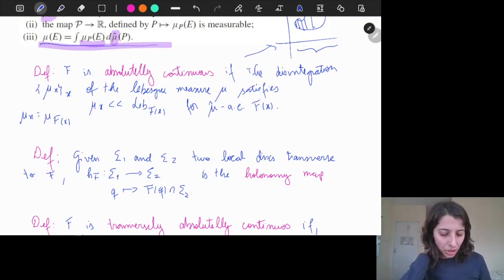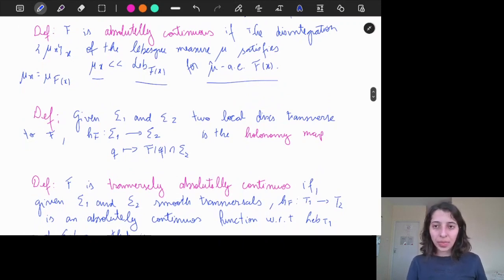So we take the Lebesgue measure mu and we decompose it into a system of conditional measures, and we want these conditional measures to be absolutely continuous with respect to the Lebesgue measure on each leaf for almost every leaf. This is absolute continuity. This is an almost everywhere condition. So it holds for almost every leaf. And there's a stronger condition that's the following.